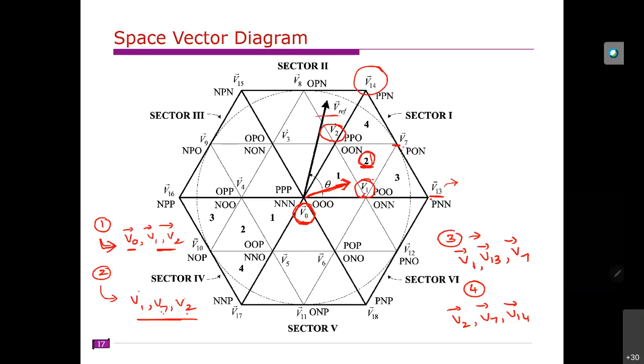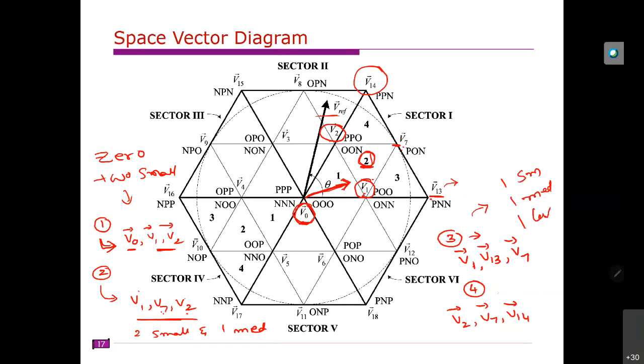So the first one is represented with one zero vector and two small vectors, whereas here it is two small vectors and one medium vector. Region 3 is V1, V13 and V7, that means one small vector, one medium vector and one large vector. Here also V2, one small vector, one medium vector and one large vector.